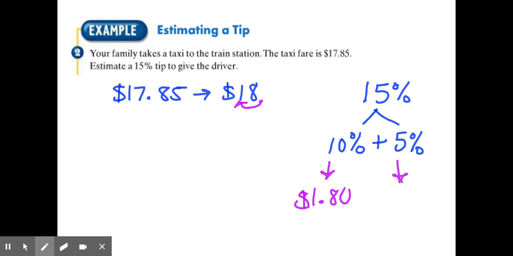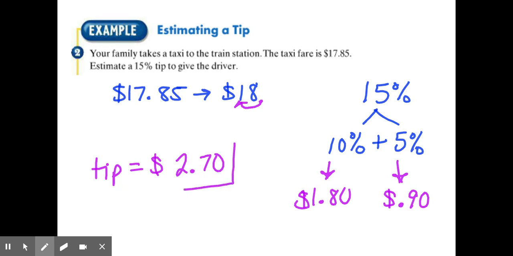Well, half of 18 is 9. So this would be 90 cents. And together, my tip would equal $1.80 plus 90 cents, or $2.70. Now, most of us don't carry $2.70 around with us, so I might round it up to $3 because I don't carry change a lot with me, but this is, again, an estimate.